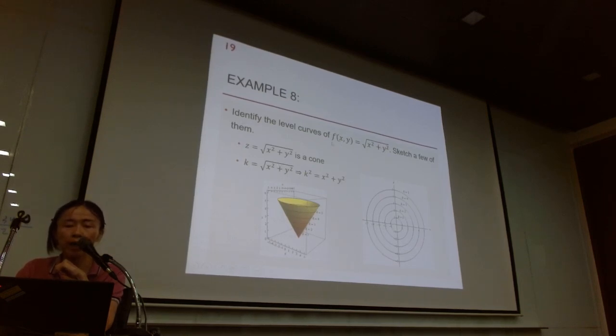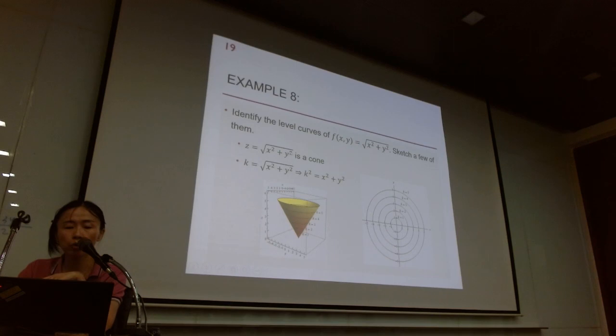So when I say f of x, y, you should know that f of x, y is equal to z. You have another variable here. So in this sense, sketch different values. x squared plus y squared will always be positive. You can use any values of x, y, but this one is always bigger than 0.